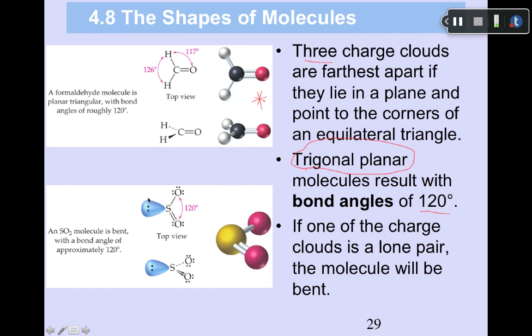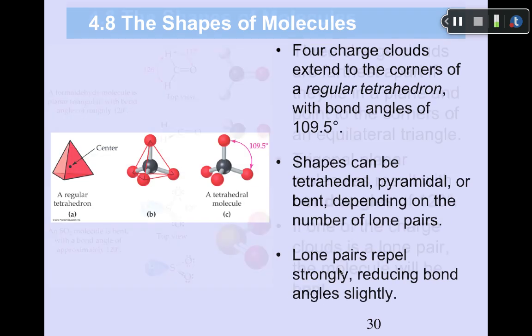Notice there's some distortion here. And if you have instead 1 lone pair, as shown in the SO2 molecule, again, we will have angles close to 120 degrees. But if one is a lone pair, the molecule is described as bent. You can't have a triangle when there's only 3 atoms. There are not 3 things attached to the central atom.